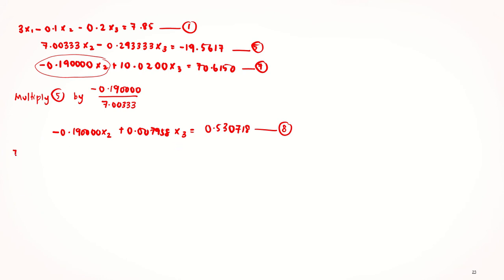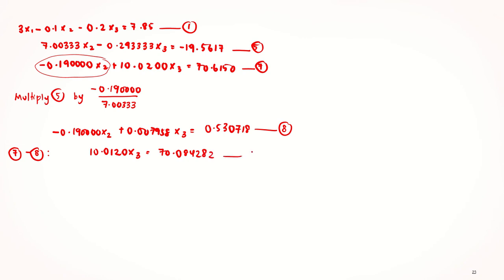From there, we subtract equation 8 from equation 7 to get x3 equals 70.084282.